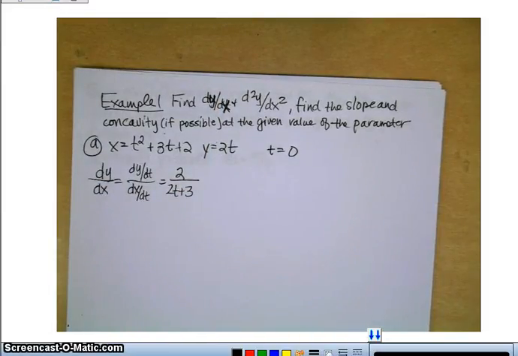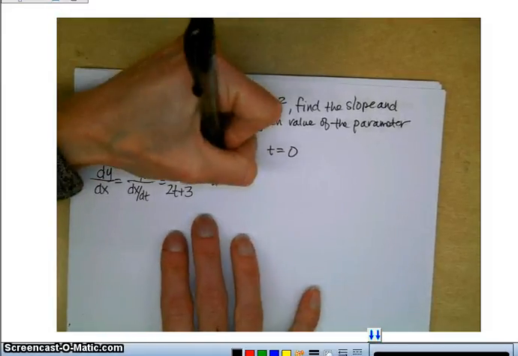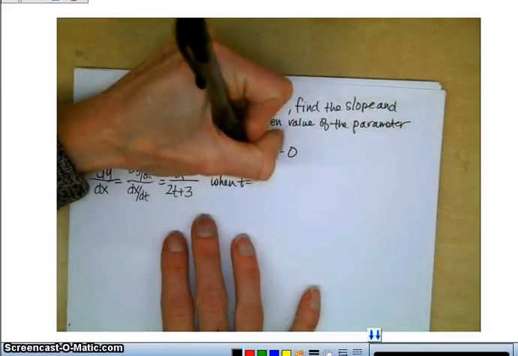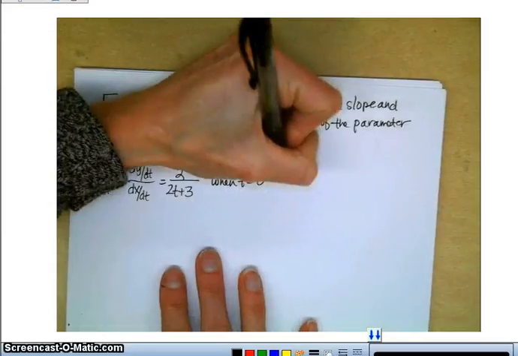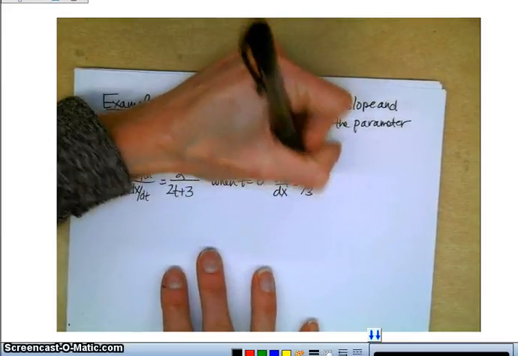There's my derivative. Now I need to find the value of this when t equals 0. So dy over dx then equals 2/3.